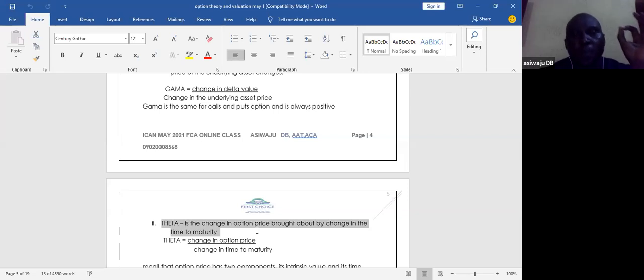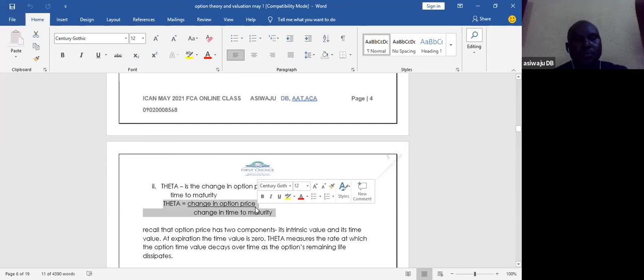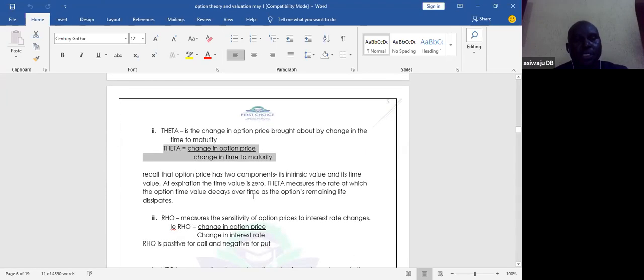Theta is calculated as change in option price as a result of change in time to maturity. That is theta for us.